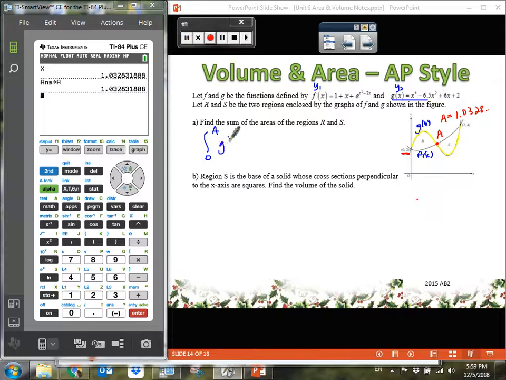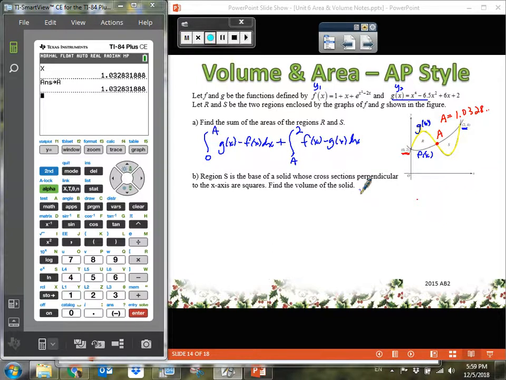We can just say g of x minus f of x dx, don't forget your dx, and then plus, on the other side, we're going to start at A, and we're going to go to 2, that's our other intersecting point. And this time, f of x is the larger one, the big one, big minus little. So we want to go f of x minus g of x dx. Okay, so that's our setup.